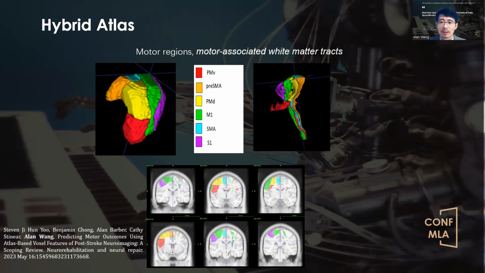It includes information from the cortex and also from the white matter fiber tracks. So this kind of atlas can be more readily utilized to predict stroke outcomes in terms of motor capability.